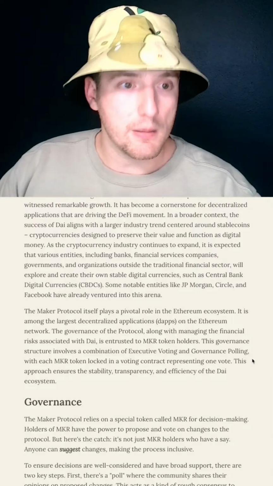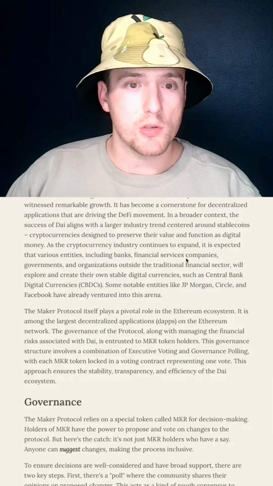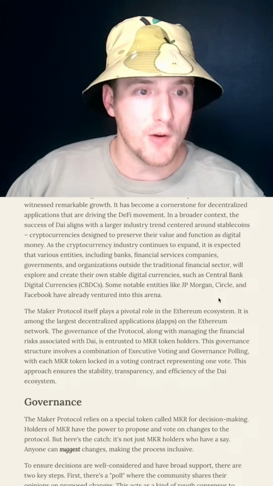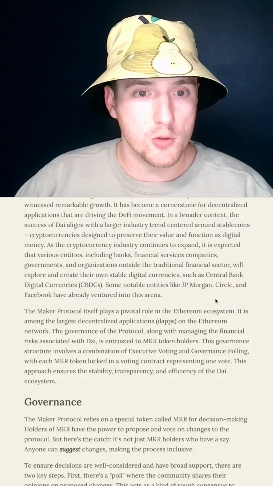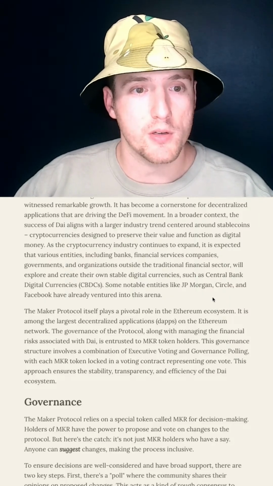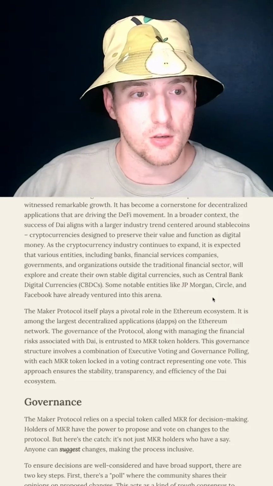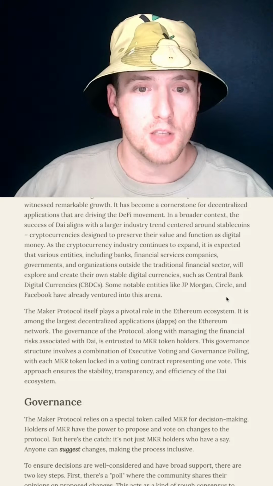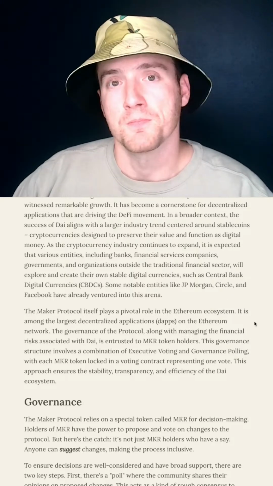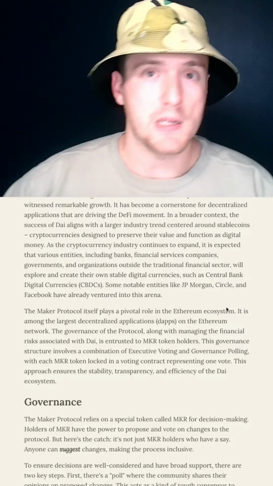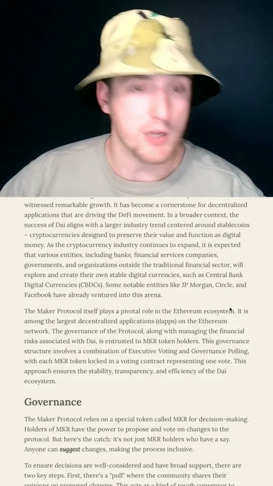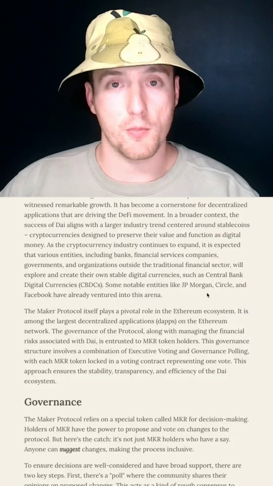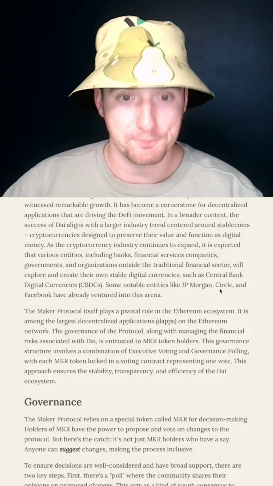In a broader context, as the cryptocurrency industry continues to expand, it is expected that various entities, including banks, financial services companies, governments, and organizations outside the traditional financial sector, will explore and create their own stable digital currencies, such as central bank digital currencies. CBDCs are still being tossed around, but there has been a lot more talk in recent years that banks or governments are going to want to implement something like that.